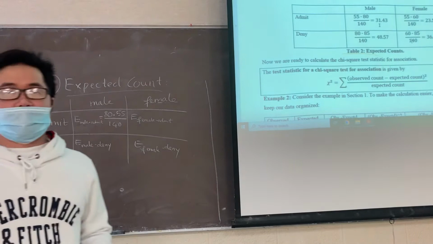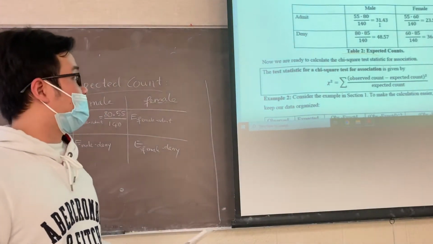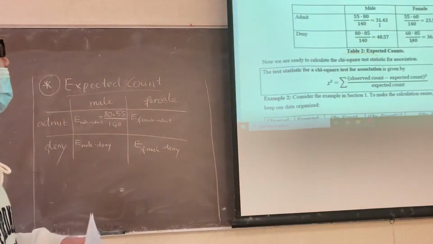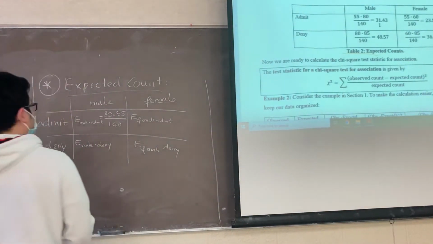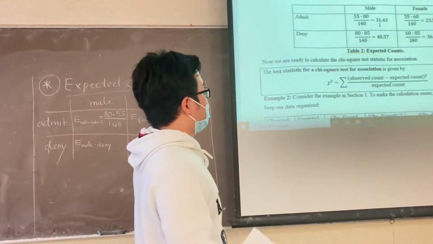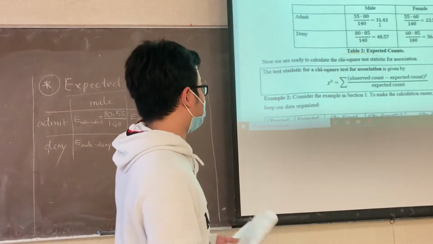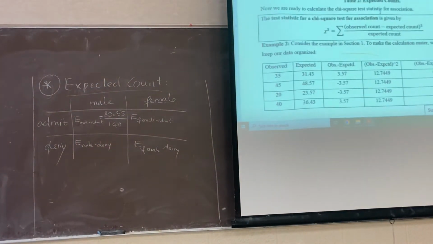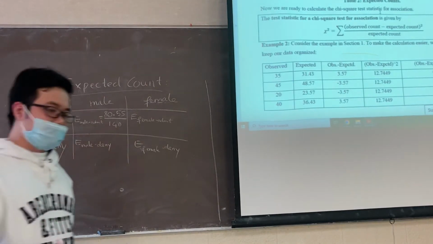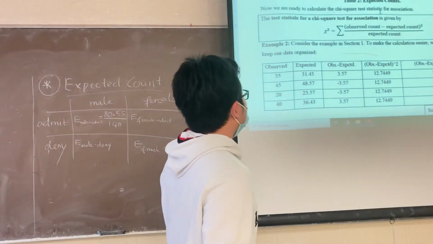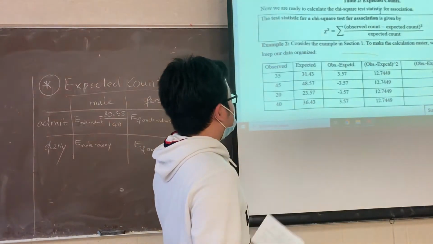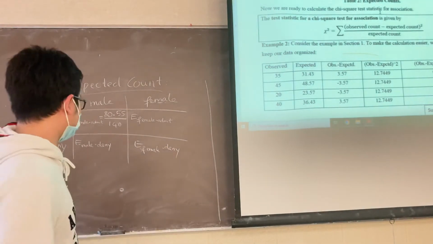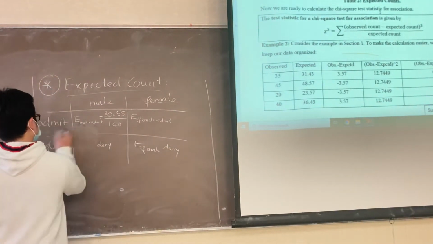Any questions so far about how to calculate the expected count? Hope you can do it. That is the first step when you do the chi-square test statistic. Now, when we have the expected count, we can calculate the test statistic for the chi-square test.